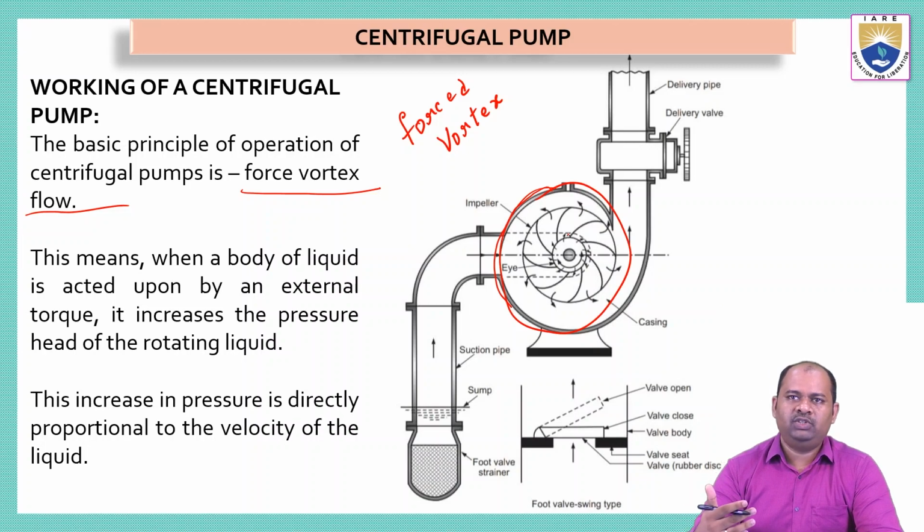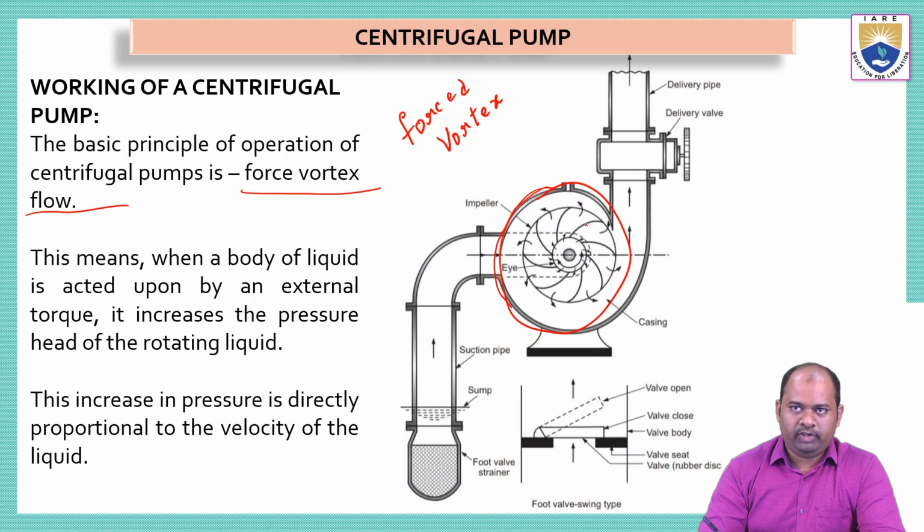So what happens due to the formation of this vortex? When we try to understand how the vortex is formed in this casing, it is formed in a vertical plane, not in the horizontal plane. That means the water will be rotating in this vertical plane.